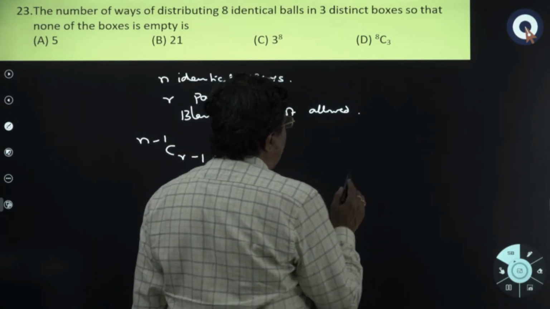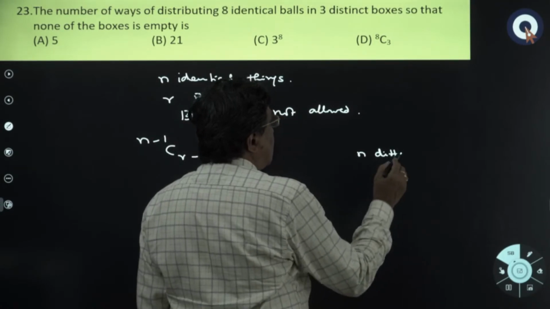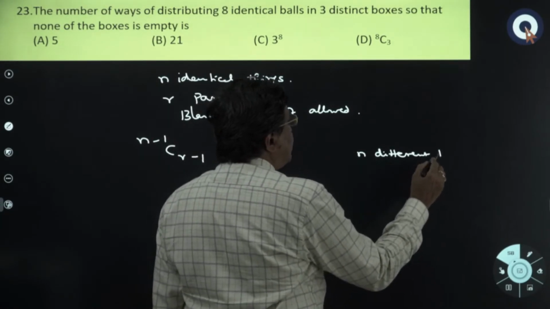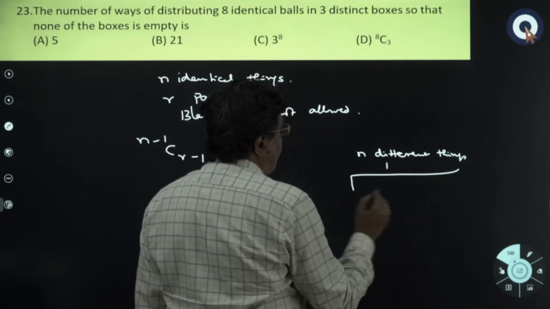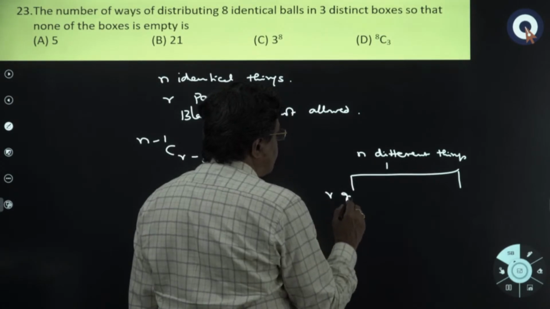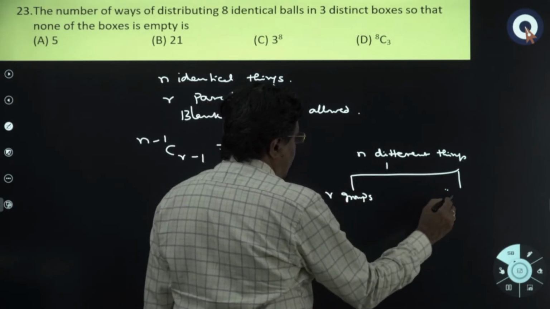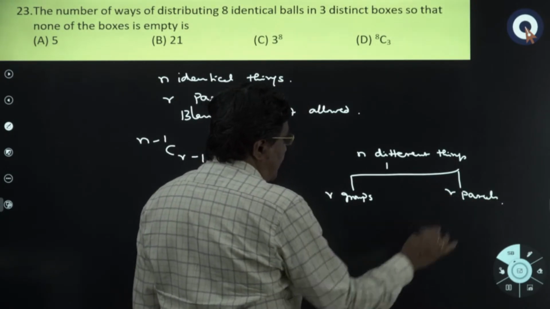See, I'll just write down n different things. I'm just writing all the formulas in one shot here. N different things are groups, or parcels you can divide. Parcels means internal arrangements are not required.